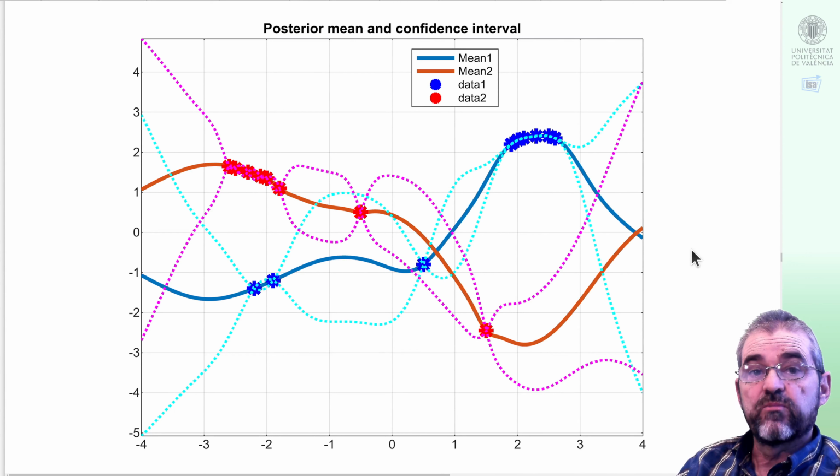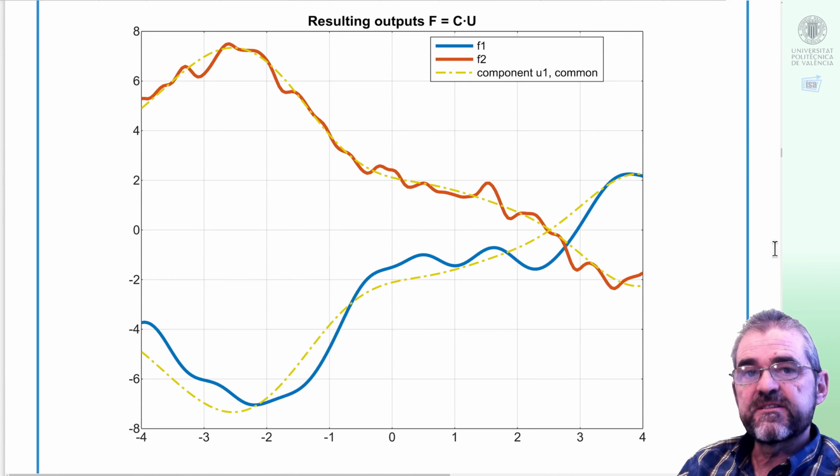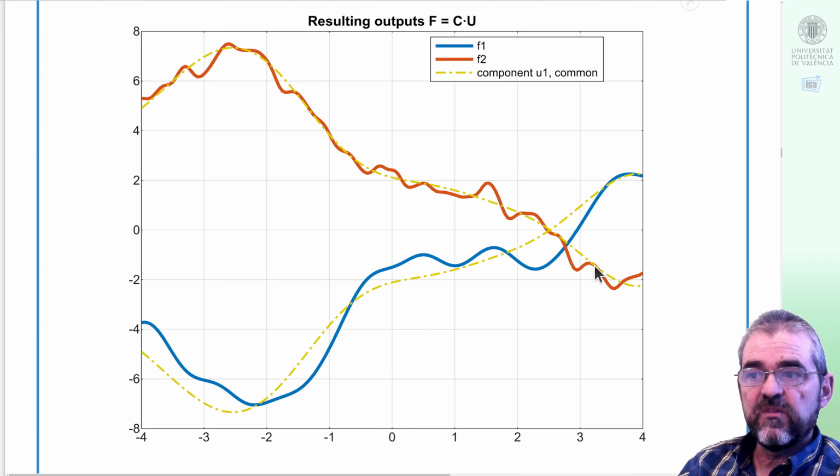So our problem statement now is that, well, imagine that the components in particular did not come from God, but they have some interesting physical or technological meaning in my application, so I wish to estimate them. Can we estimate, for instance, this yellow thing from samples of the blue and red functions?